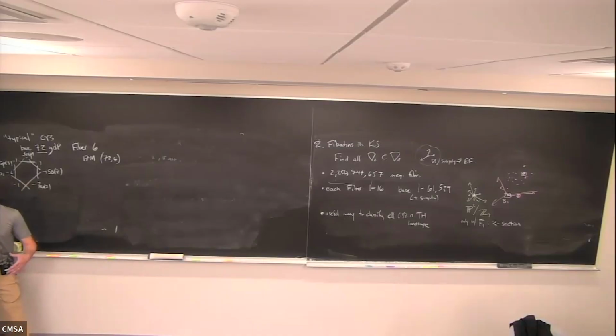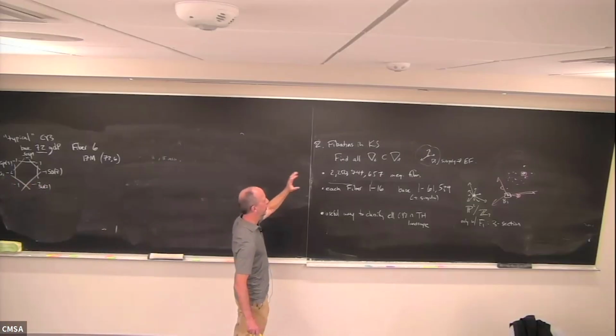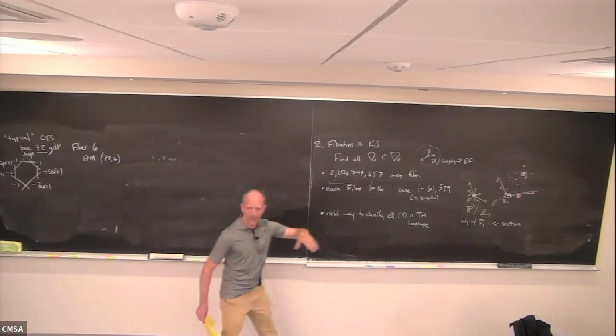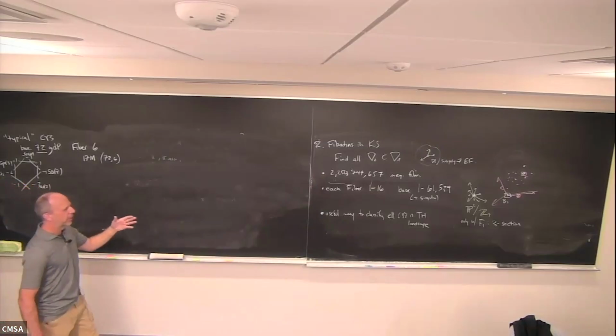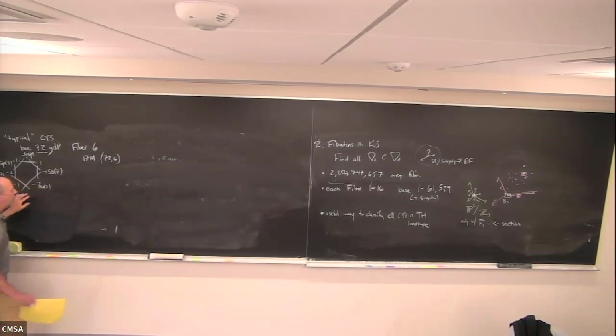Any questions about this? The basic idea is this gives us, I would say, a clear way of understanding the whole Kreutzer-Skarke database, essentially, except for a few examples, which we'll come to in a minute. We can look at any Calabi-Yau and say, oh, it has a geometry something like this.